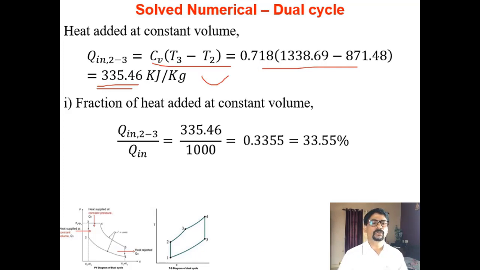Q in 2 to 3 divided by total Q in, so 335.46 divided by 1000, which is 33.55%. This is the fraction of heat added at constant volume. So out of the total heat added, 33.5% is added at constant volume, and the remaining 66.45% is added at constant pressure.